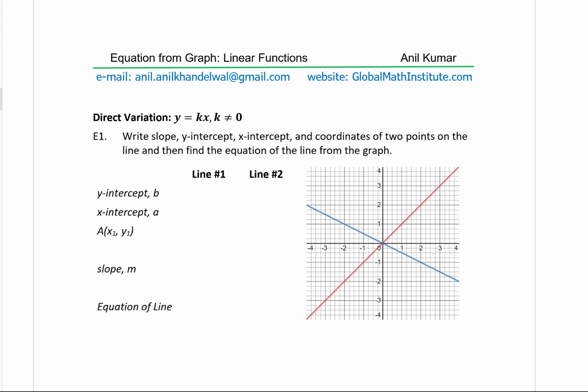Well, once again, both the lines are going through the origin, so it is definitely a case of direct variation. We'll consider a point on, let's say, line 1. Let me call this line 1. Here we have a good point, which is 2, 2.